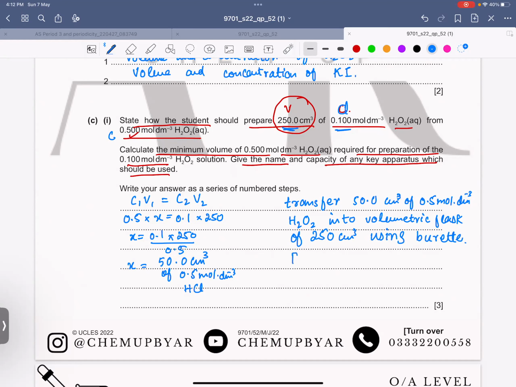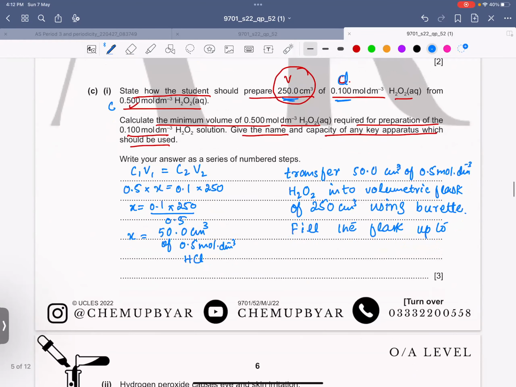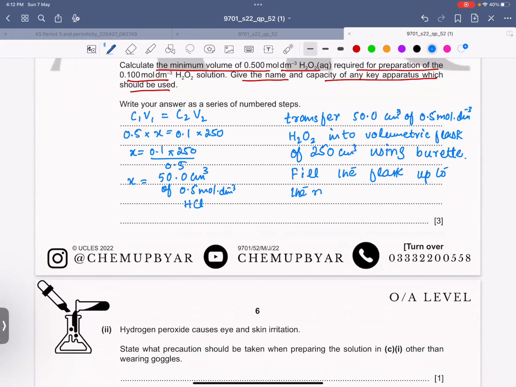Then fill the flask up to the mark with distilled water. Is this clear to everyone?